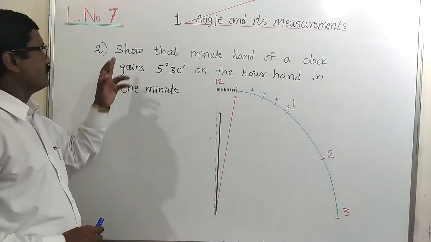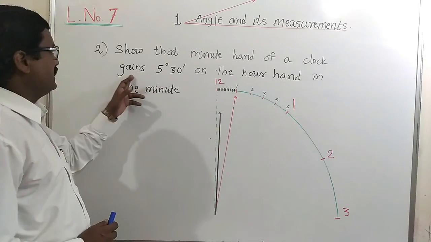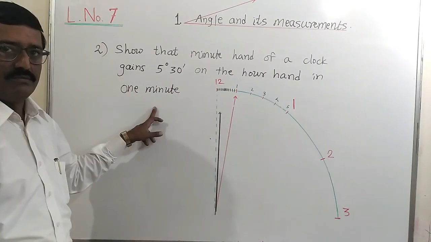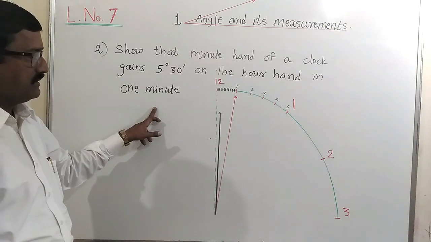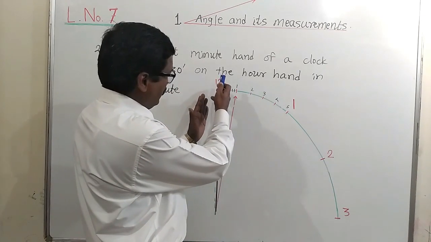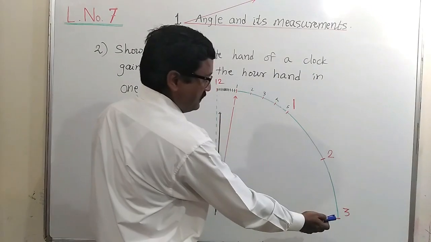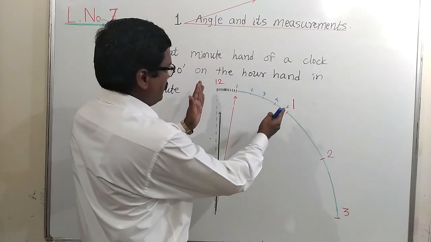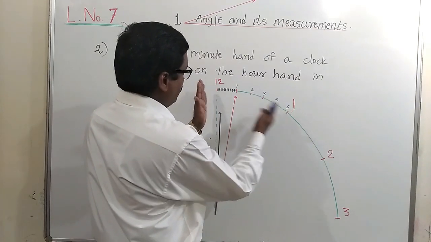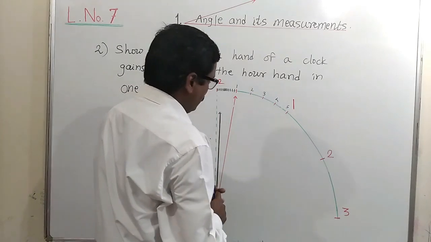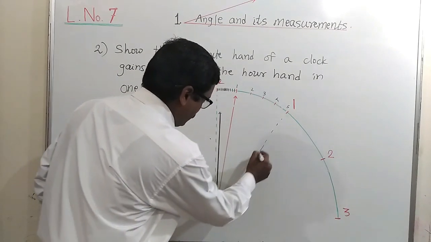See the second one. Show that the minute hand of a clock gains 5 degree 30 minutes on the hour hand in 1 minute. We know that the angle when the hands are at 12 and 3 is 90 degree. So between 2 adjacent hours, the angle will be of measure 30 degree.